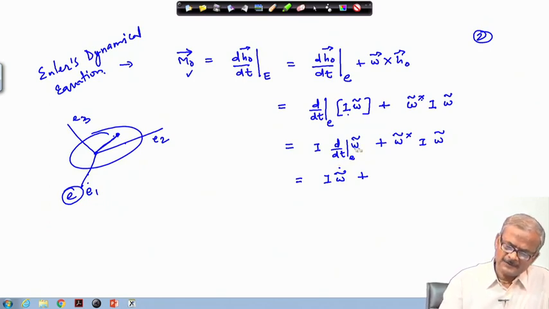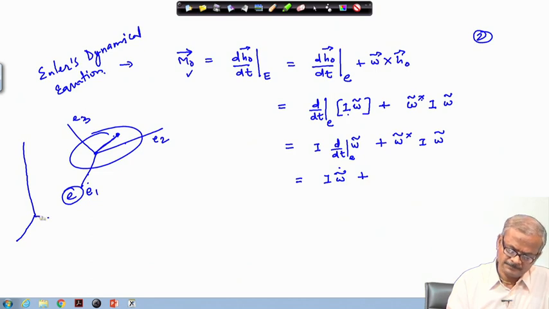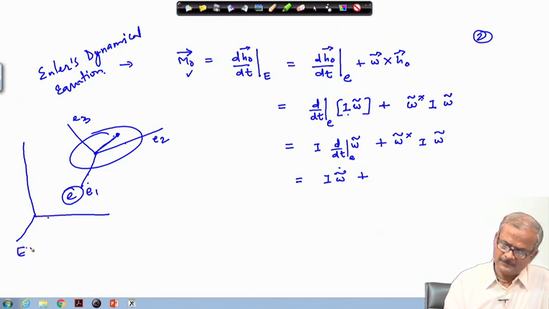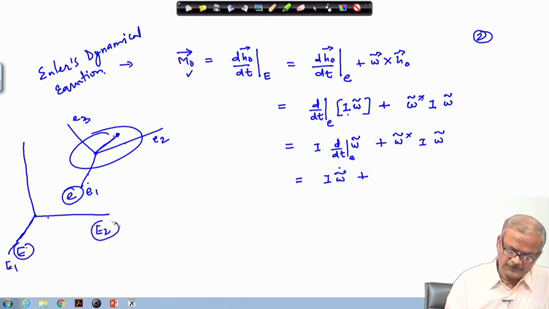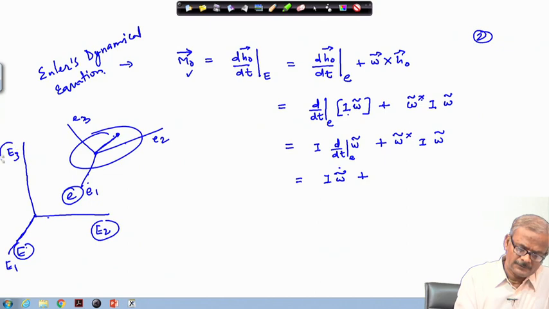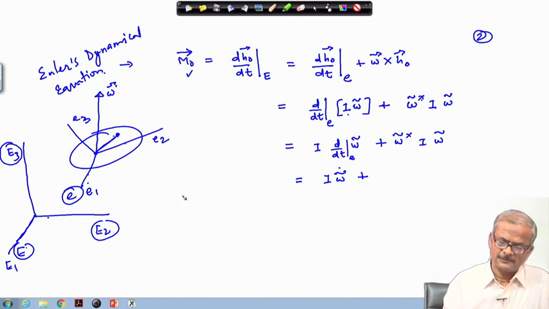So, omega tilde is the rotation rate of this frame with respect to the inertial frame. So, this is your inertial frame E 1, E 2 and E 3. With respect to this, say this is your omega vector.